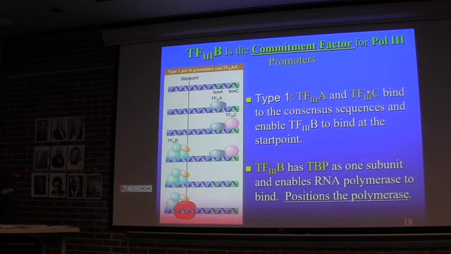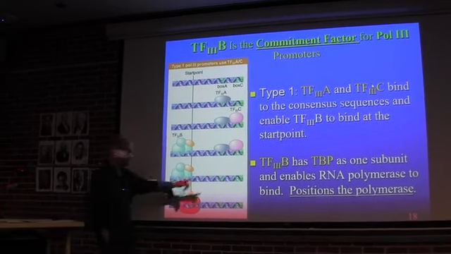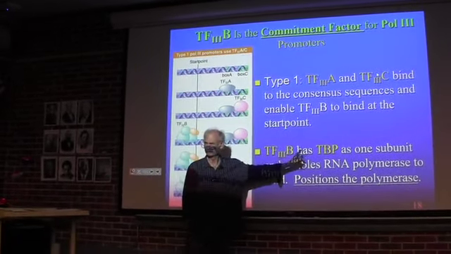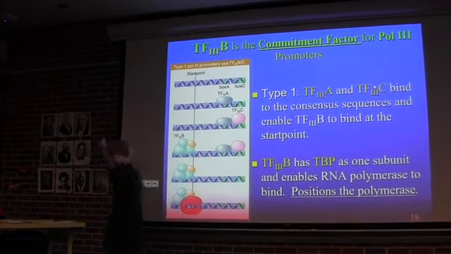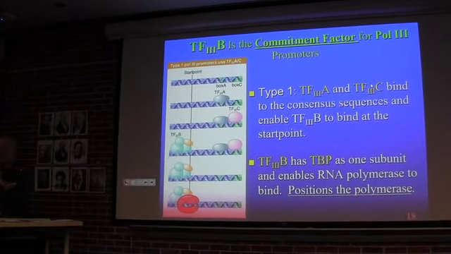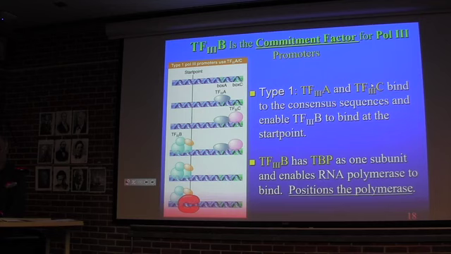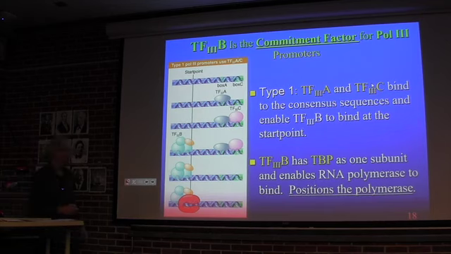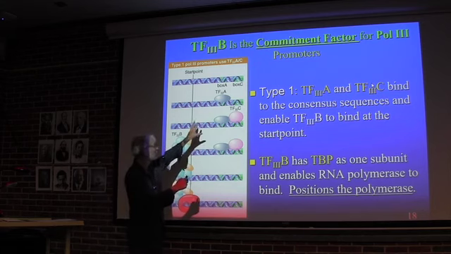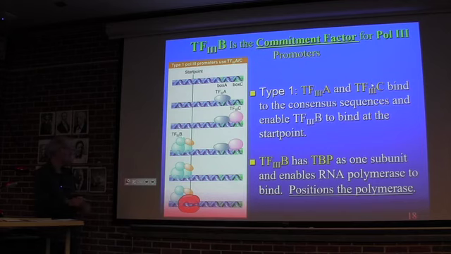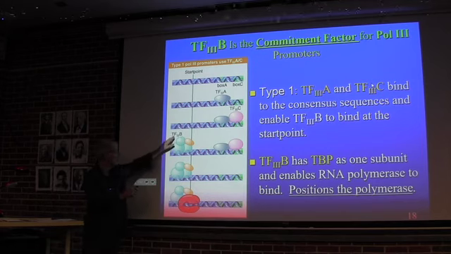Okay, one of these, TF3B, has TBP. That is your clue that that's going to be the commitment factor. The type A and C bind to these internal boxes, box A, box C. Notice where TF3B is binding.